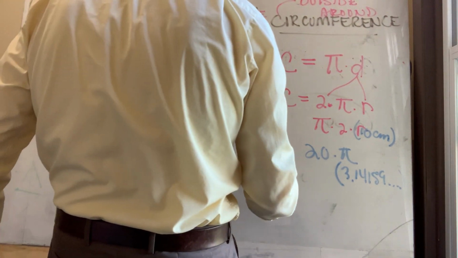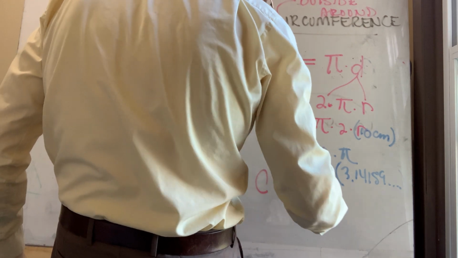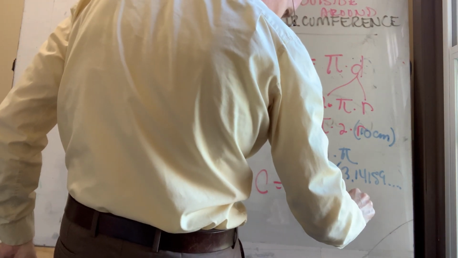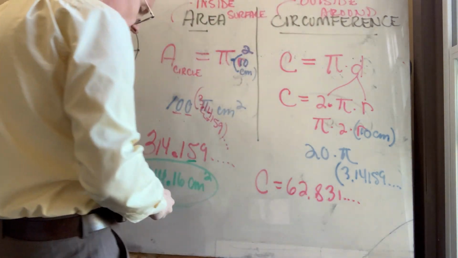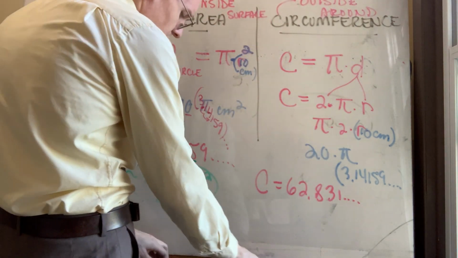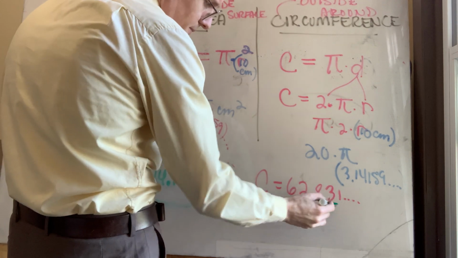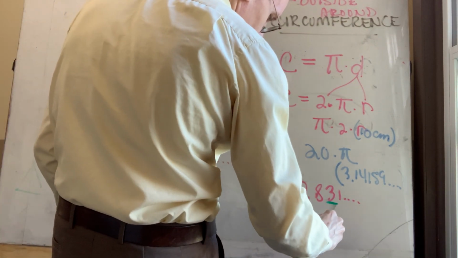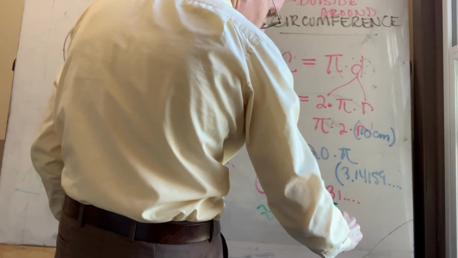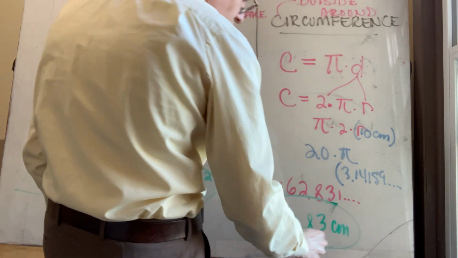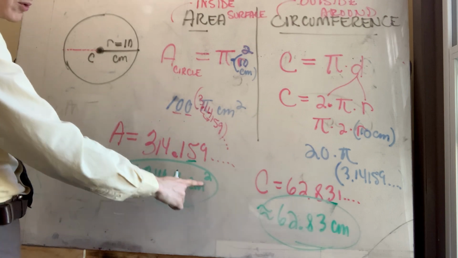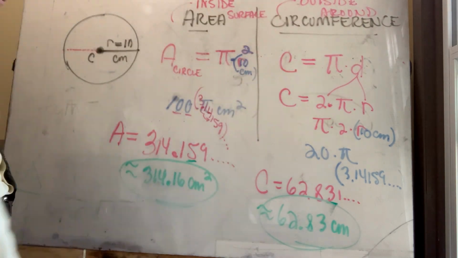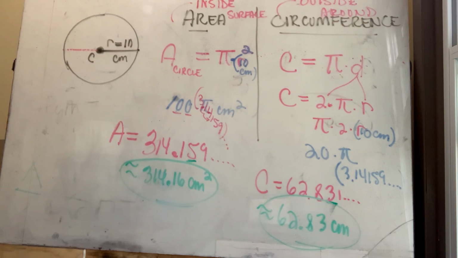The circumference is therefore 62.831, whatever it is, right? Rounded to the hundredths place would be where this 3 is sitting. So approximately 62.83 centimeters. Centimeters, degree 1 rather than degree 2, is appropriate for a perimeter, which is what a circumference is, essentially.